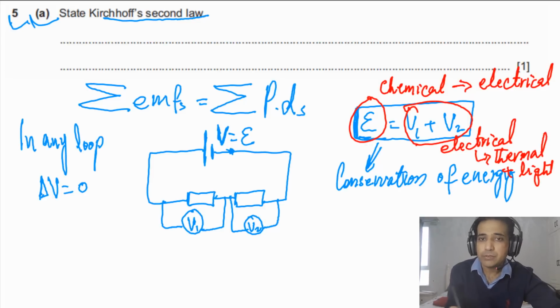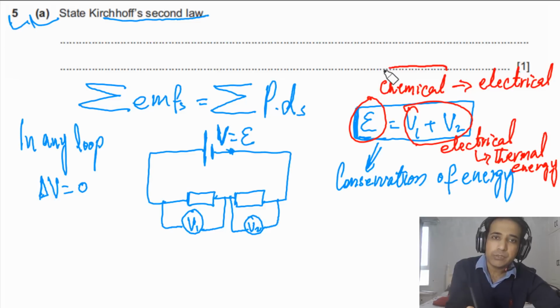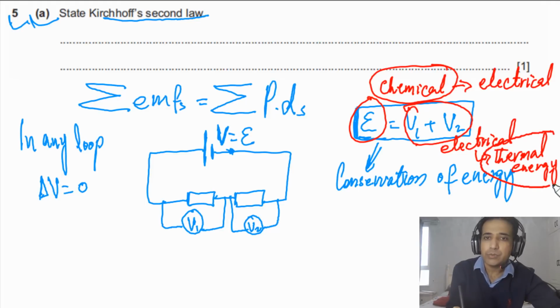If potential is too high, temperature will be too high. So you can simply say thermal energy. It means the chemical energy has been converted into thermal energy. So energy is conserved, and this law is based on conservation of energy.